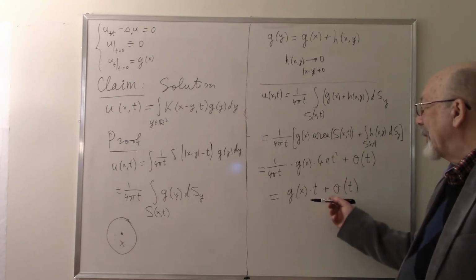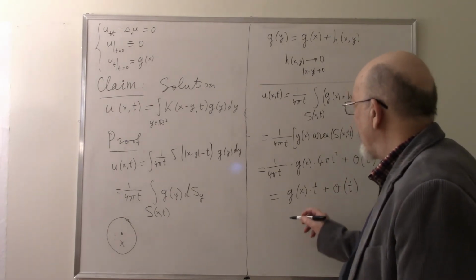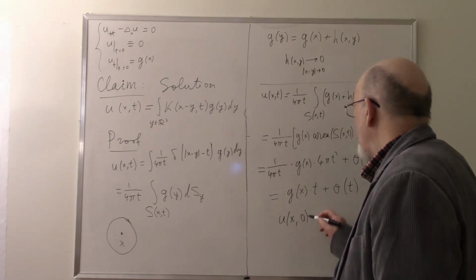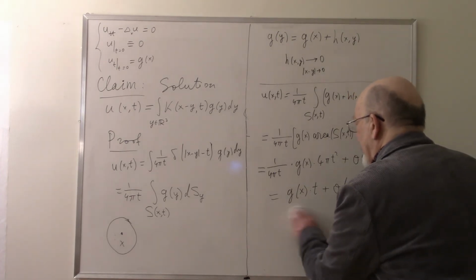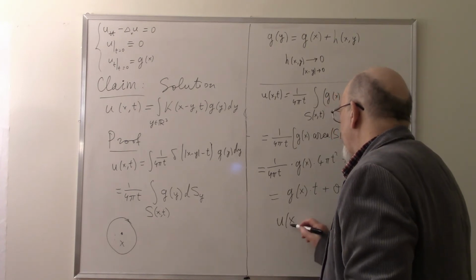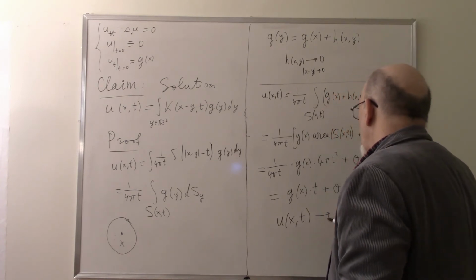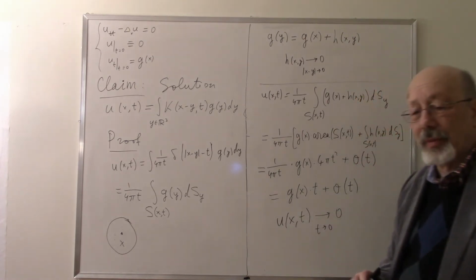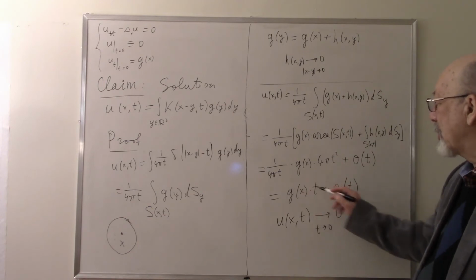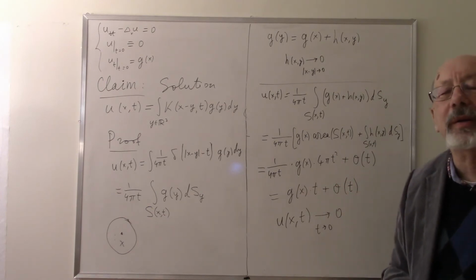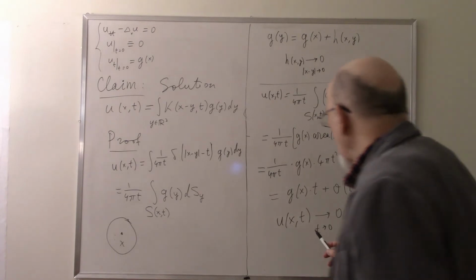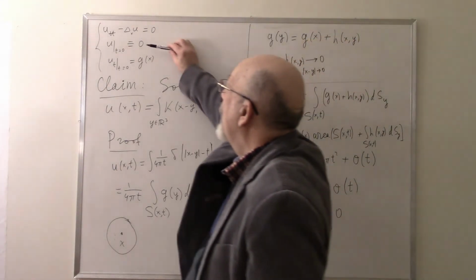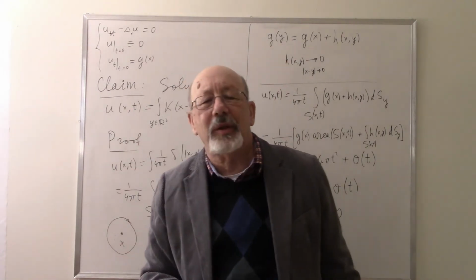So what happens when t equals 0? u of x, t goes to 0 when t goes to 0, because this goes to 0 and this goes to 0 even faster. So the first boundary condition is satisfied.